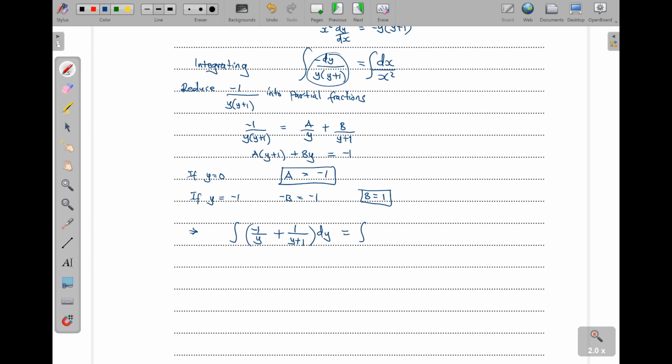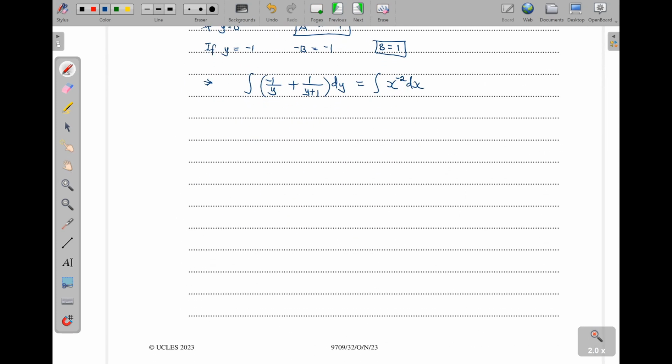And we are integrating this one, which I can write as x power negative 2, with respect to x. Then from there, this is negative natural log of y, because when you differentiate y you get 1. So what should I do to make it a negative 1? You will multiply by negative 1. So this operation is the one you put on the natural log here.